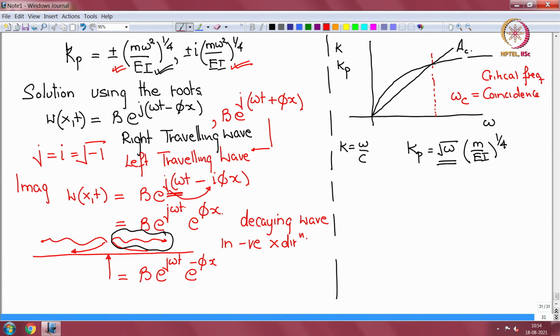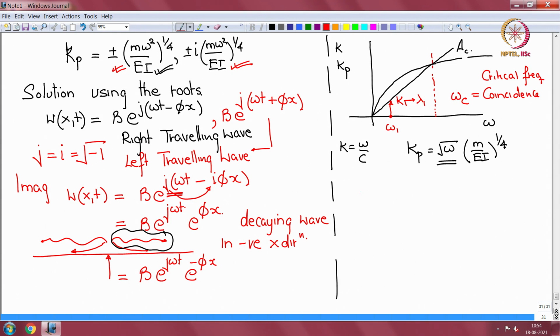Now what this means is, if I pick a frequency over here, this is the acoustic wave number. So let us say at omega 1 it is K1, meaning it is related to a certain lambda 1.